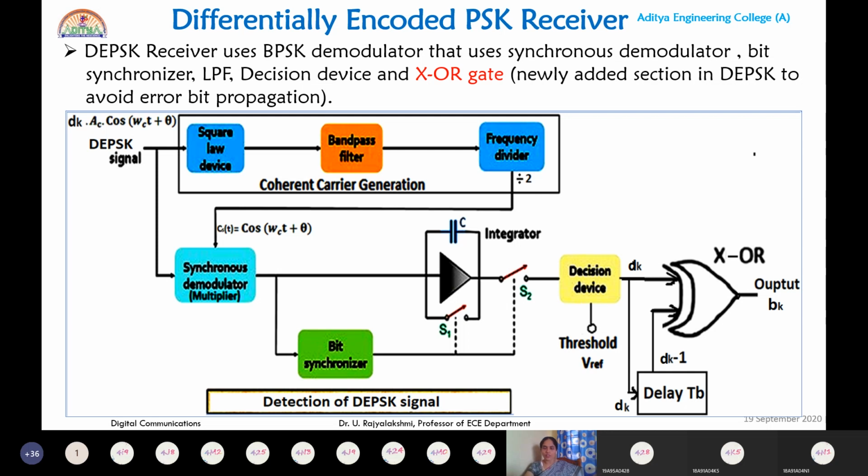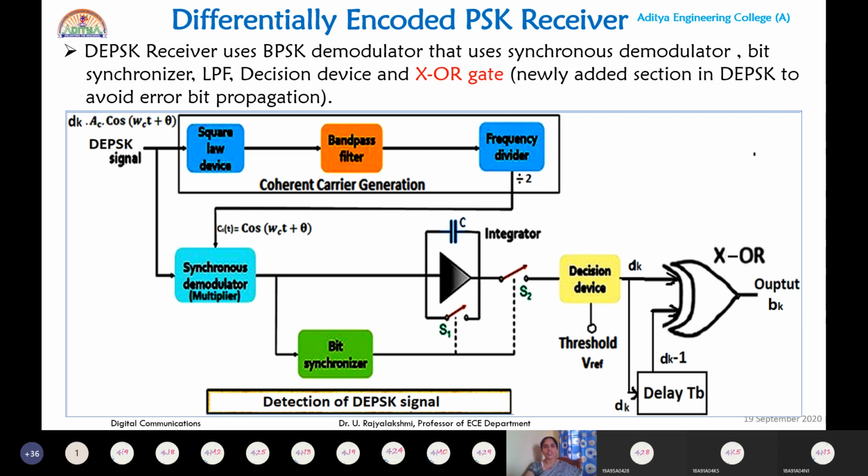Once again, use the same XOR gate, comparing dk with shifted dk, that is dk minus 1, the 1 bit delayed sequence. To get a 1 bit delay, you should right shift the entire sequence by 1 bit. So dk is compared with dk minus 1, so that our output will be bk, where bk is the transmitted signal.